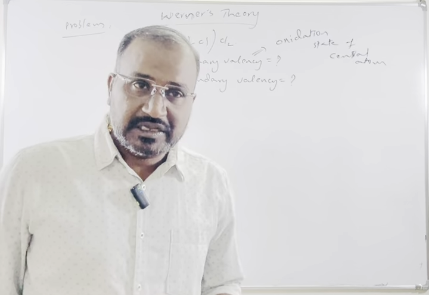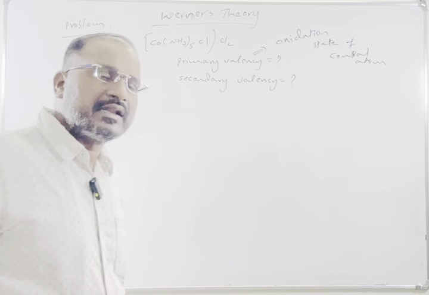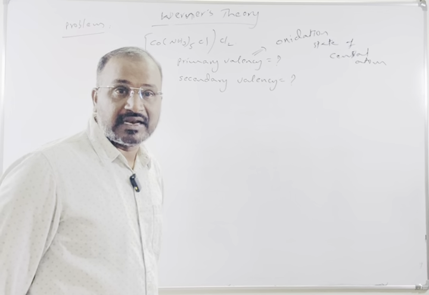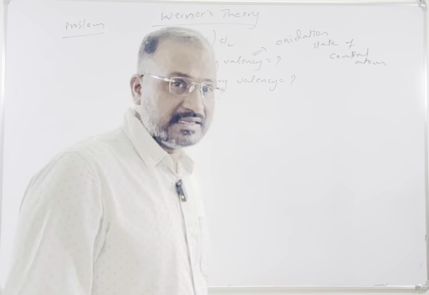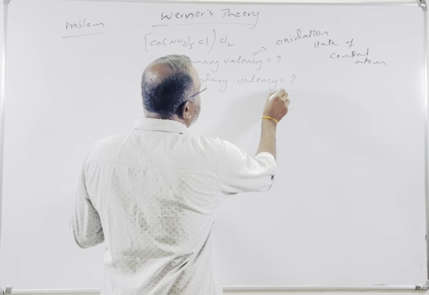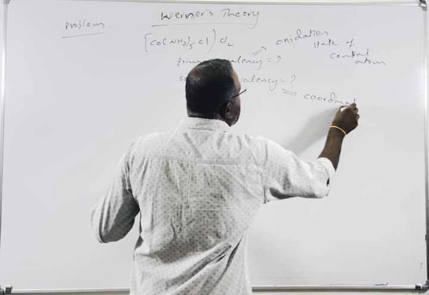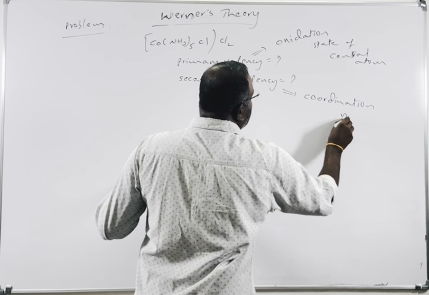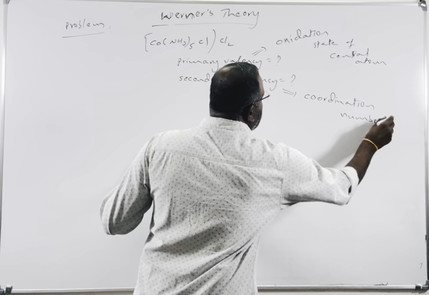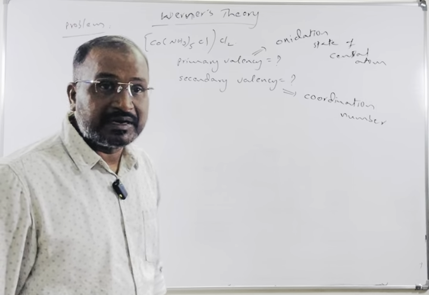After knowing the oxidation state, we can easily write the primary valency as well as the secondary valency. The secondary valency is nothing but the coordination number of the central metal atom.